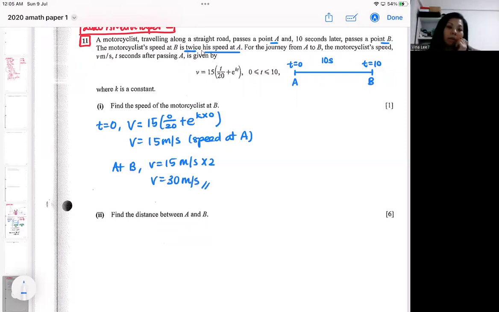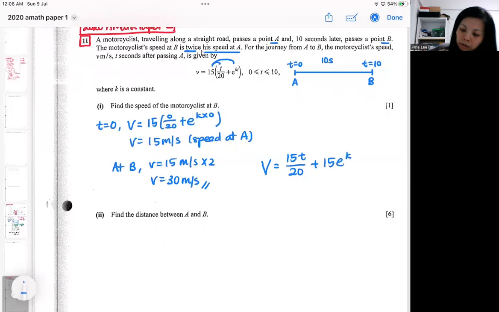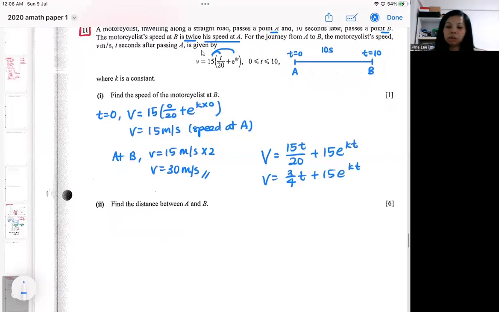Okay, the next part, I will need to find the distance between A and B. If I would like to find the distance between A and B, I need the displacement formula. So I'm going to open up the bracket first. Obviously I will need to integrate this expression to get the displacement formula.